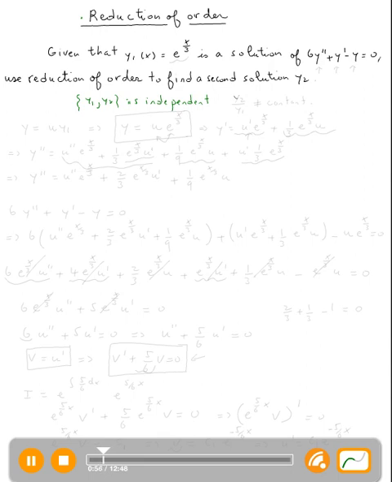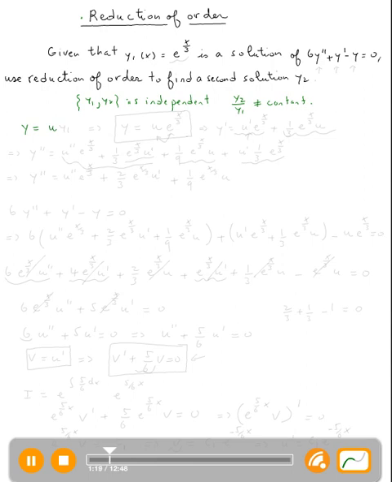What this means is y2 over y1 cannot be a constant. So we usually assume the second function we're looking for is not a constant times y1, so it's going to be some function of x, u of x.